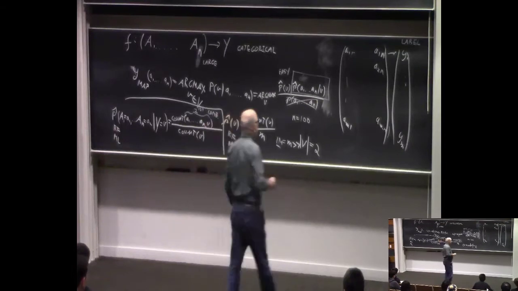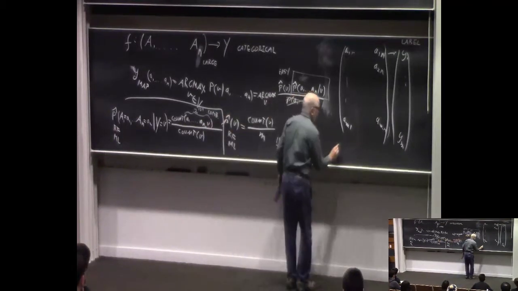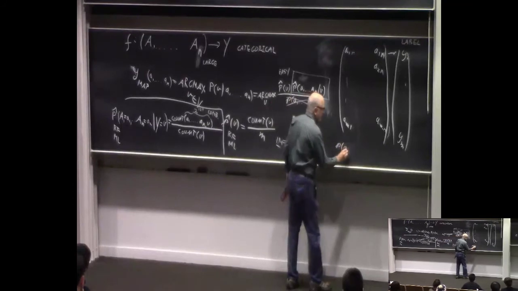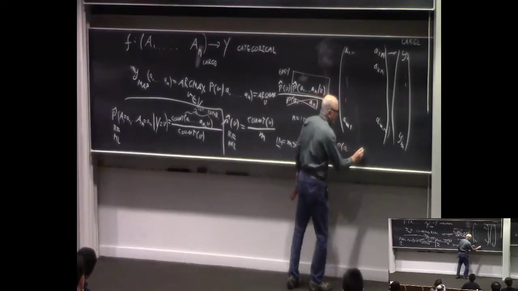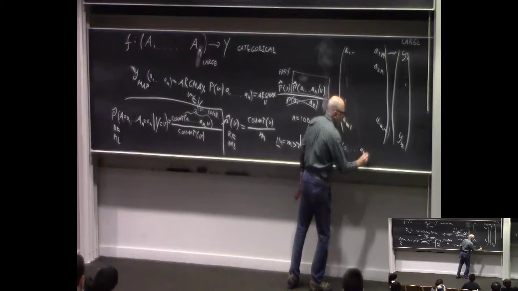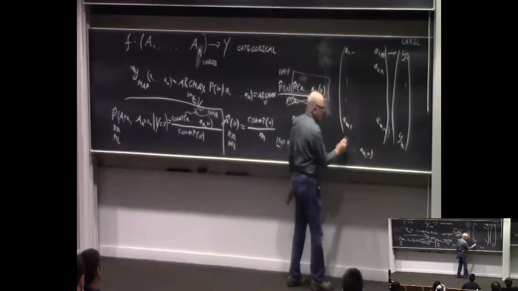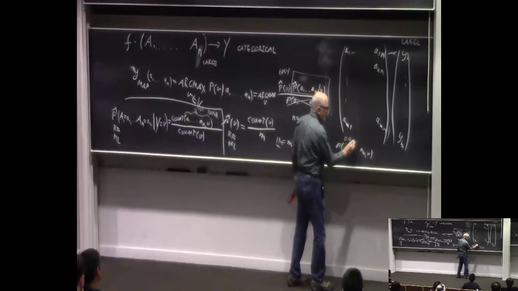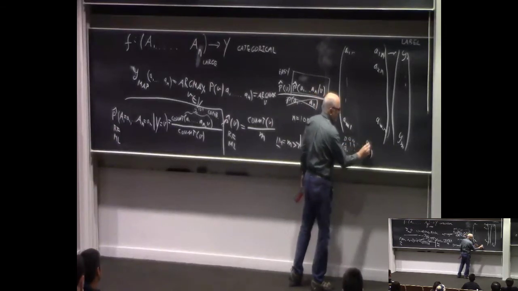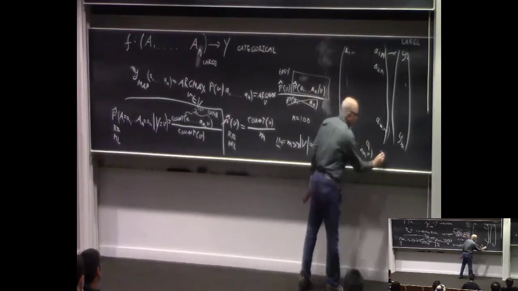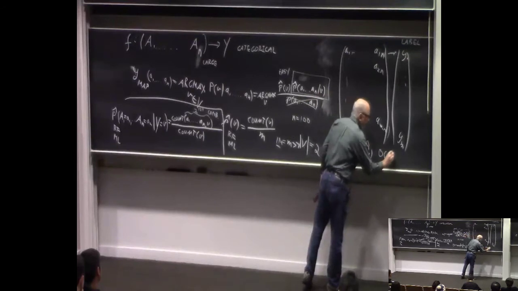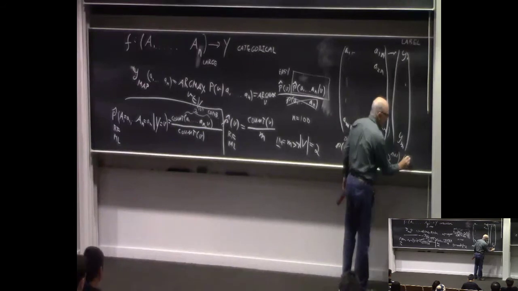There'll be as many parameters as there are expressions of this form, probability of A1, AN, and V, where these I's could be 0, 1, 0, 1, 0, 1, all the way including the label 0, 1. In other words, they are on the order of 2 to the n plus 1 parameters.